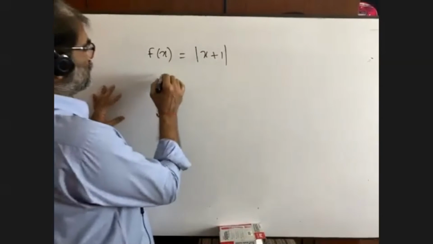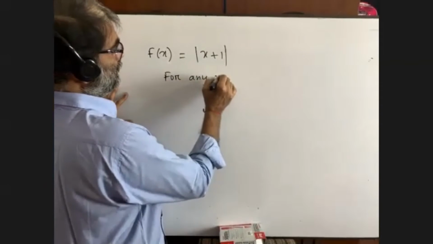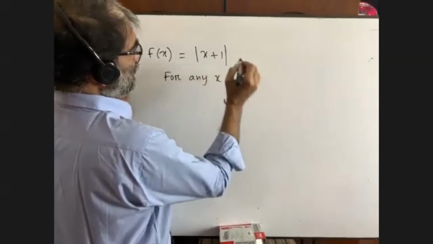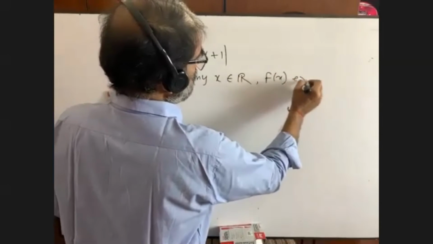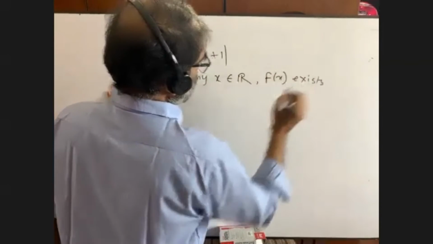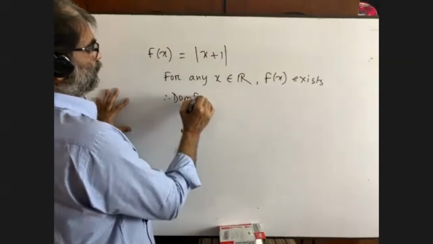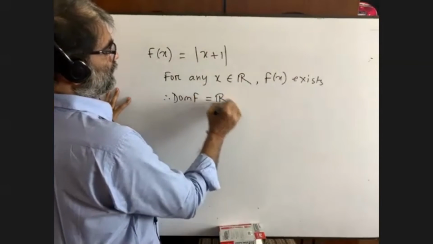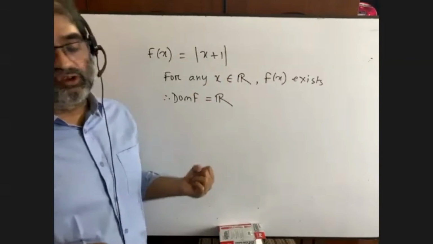You write down, for any x belongs to R, f(x) exists. Therefore Domf is equal to R, because it is not a fraction, it is not a square root.